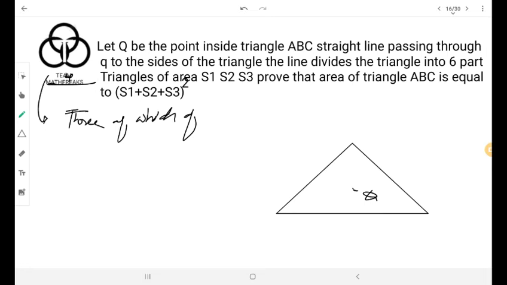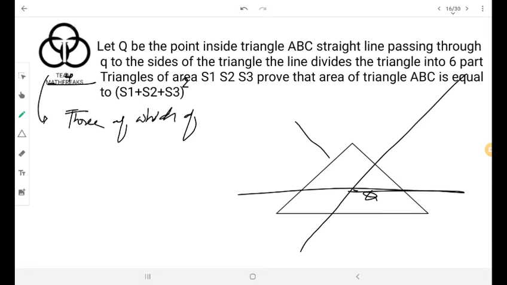Straight lines passing through Q parallel to the sides of the triangle. You just see, all the three straight lines parallel to the sides of the triangle divide the triangle into 6 parts. 1, 2, 3, 4, 5, 6.